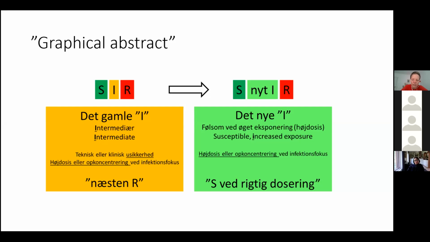So in reality, it was a næsten R, nearly R, whereas the new I is narrower and defined very well. It only covers one thing, which is susceptible, increased exposure.